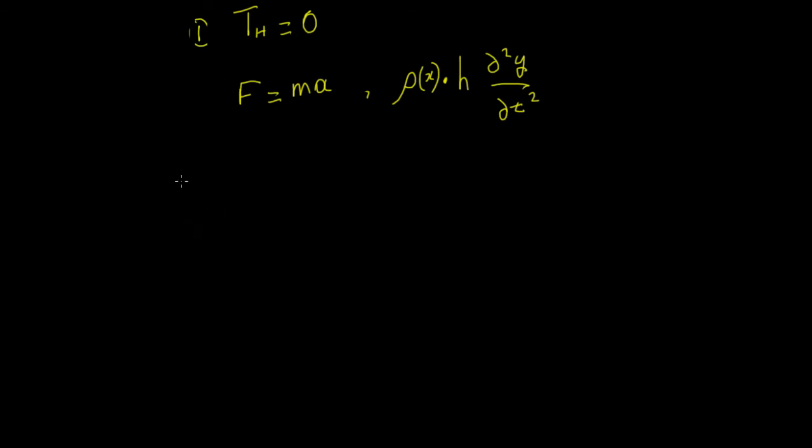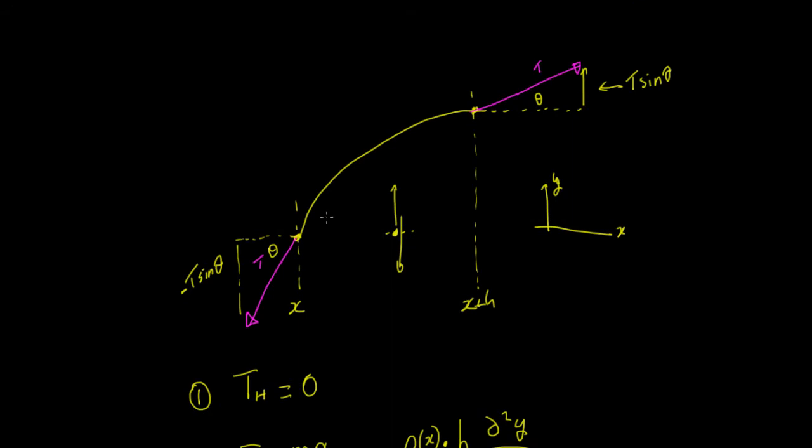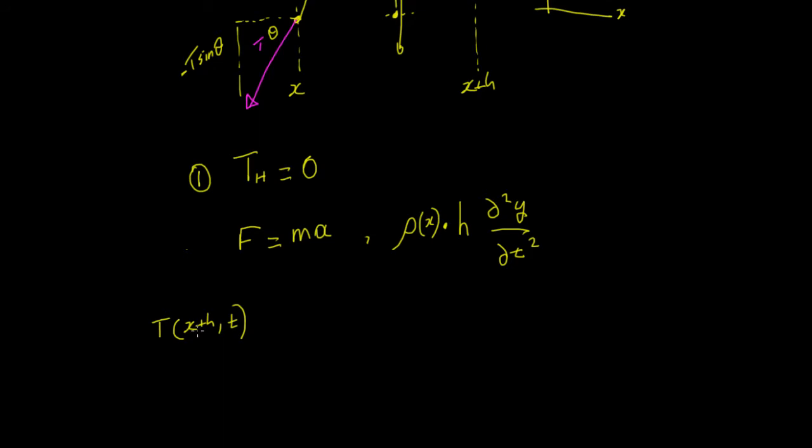So let's write it down here, we would have a tension. Now the tension on the right hand side is at a point x plus h at time t, so we're just saying that that's the tension there, but it's the tension at that particular point x plus h, and we've taken a snapshot at time t, so that's all that's telling us.